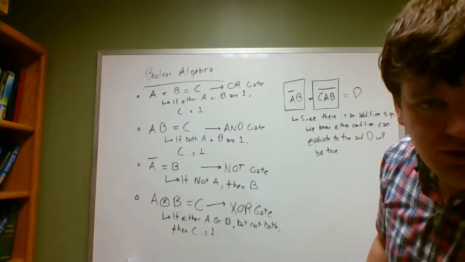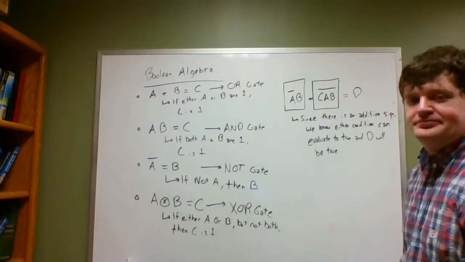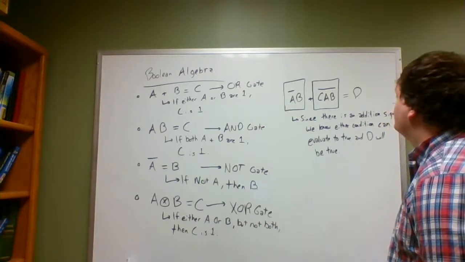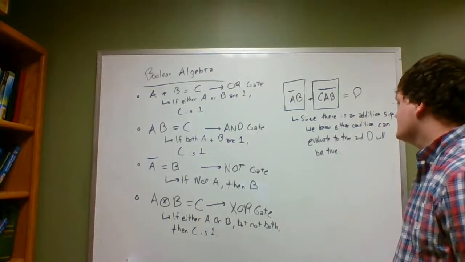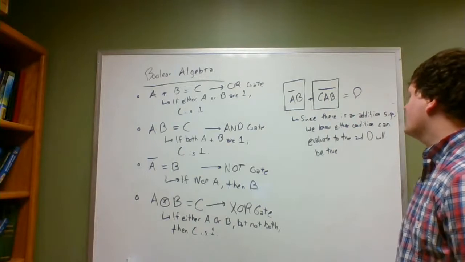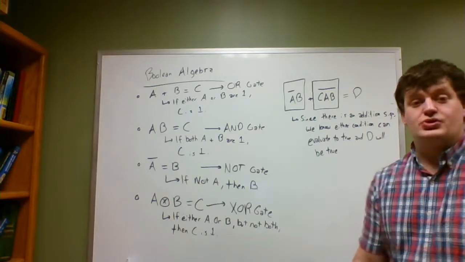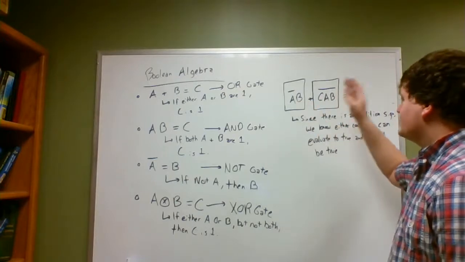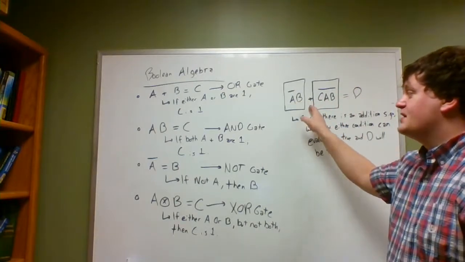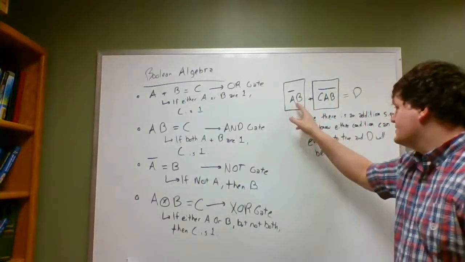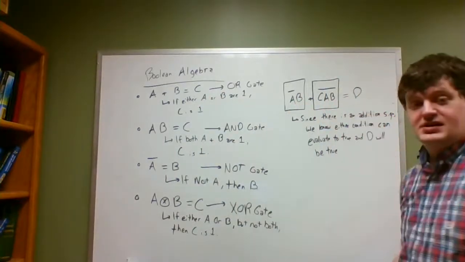I do not know if you can read that. I can't, but some of you are much better at reading than I am. So since there is an addition sign, we know either condition can evaluate to true, and D will be true. The plus sign signifies that it's an OR gate. If this or this, then D.